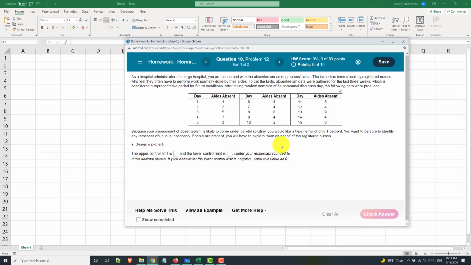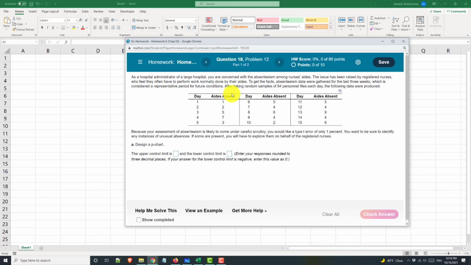So the data that is being shown here, you can see that on the first day, where we took the first sample, only one person out of 64 was absent. On day 2, 2 people were absent. Day 3, with the third sample, 5 people were absent.